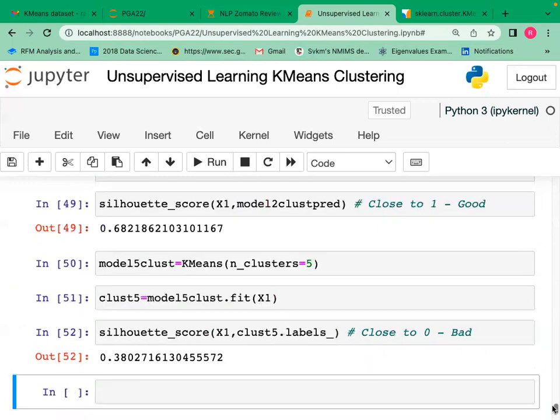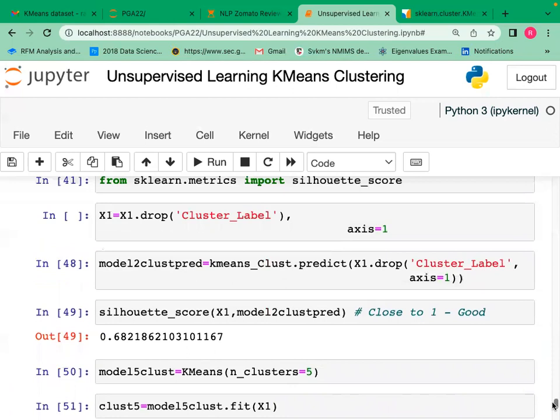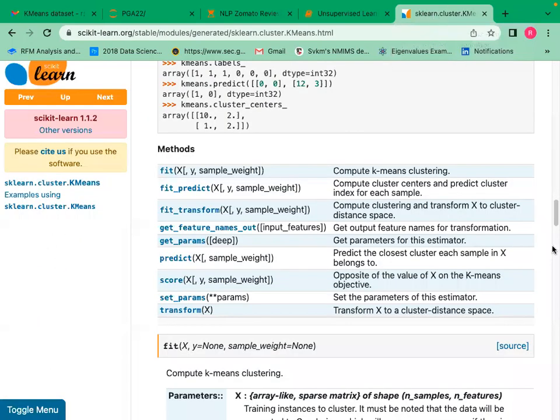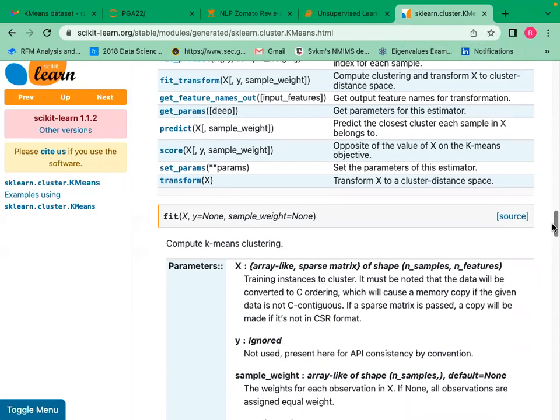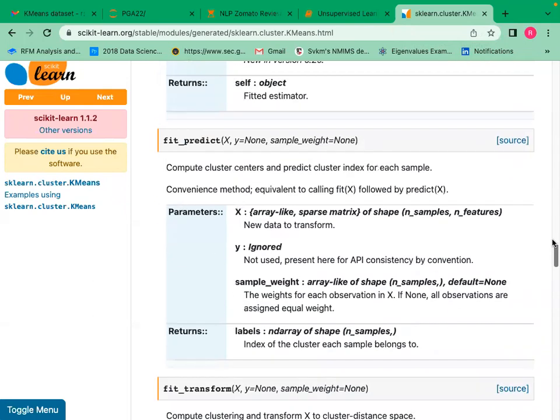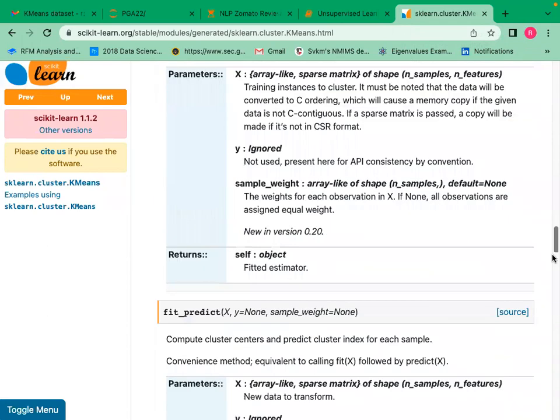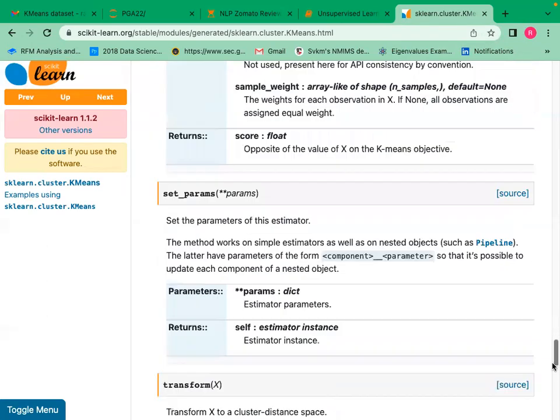Okay, even if it automatically predicts and gives us, we're getting the same score. So score is there. What is fit underscore transform?